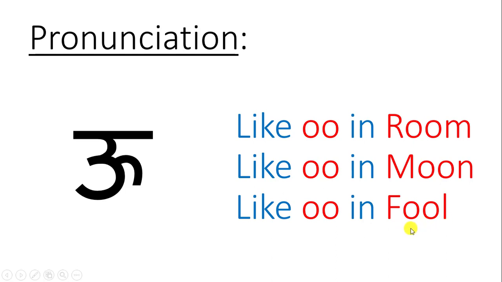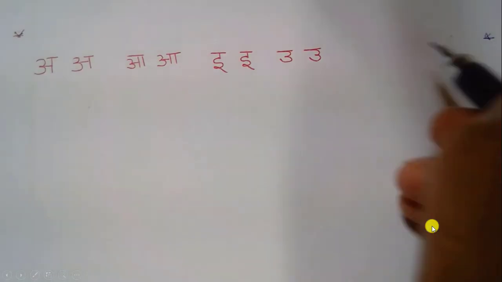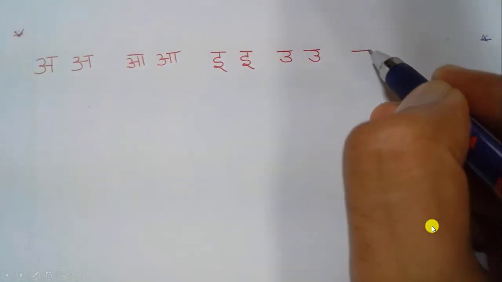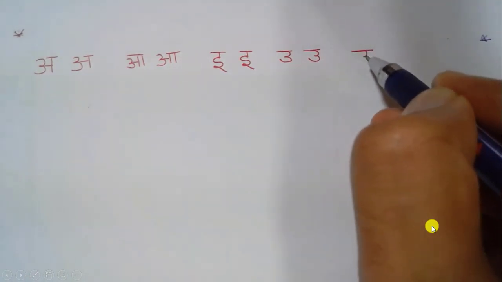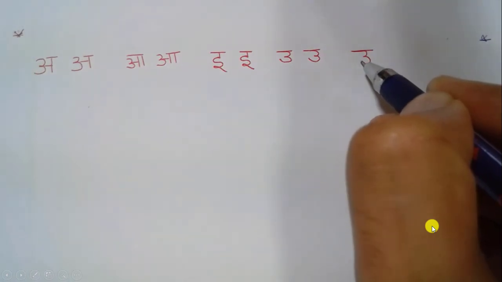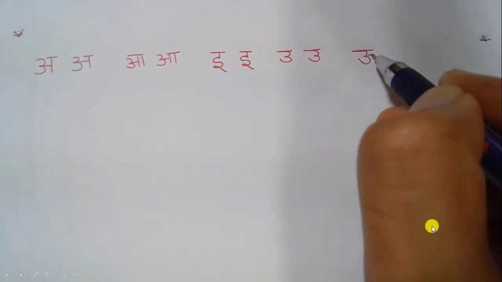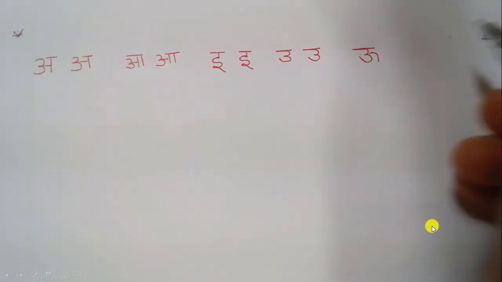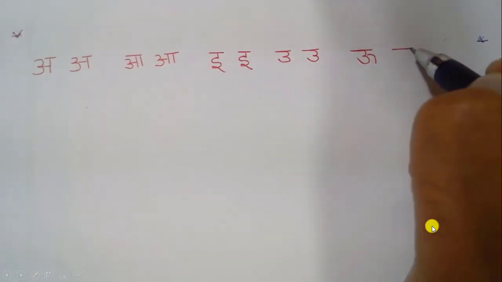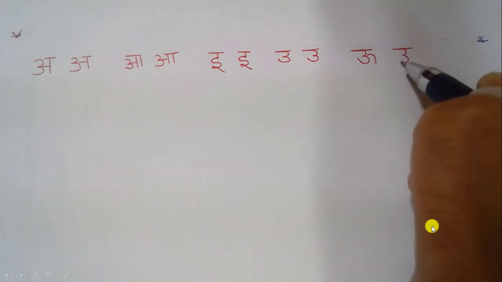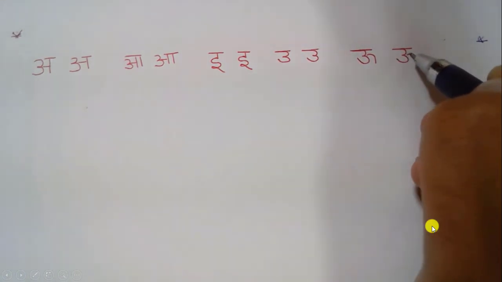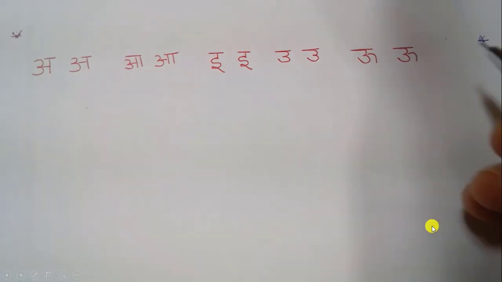Fool. All right. And it is similar to the previous vowel with an extra attachment, I can say. 3. From the center, a line like this drops down. Okay.